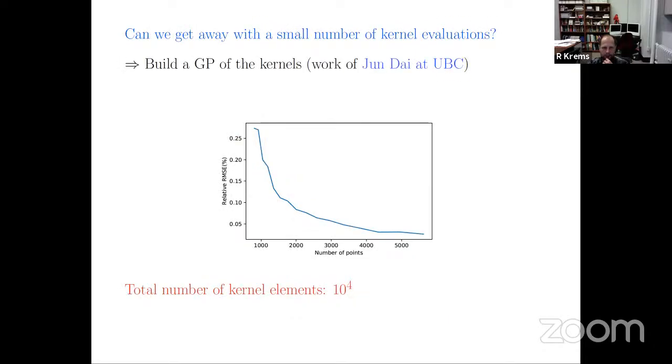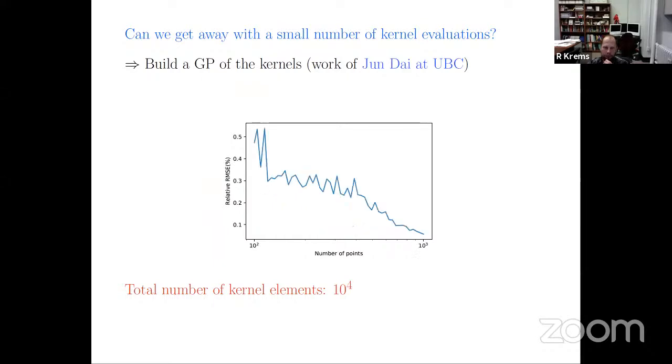If you look at the relative error, this is for a problem with 10,000 kernel elements, and he can estimate those kernel elements with as few as 100 to 1,000 quantum measurements.